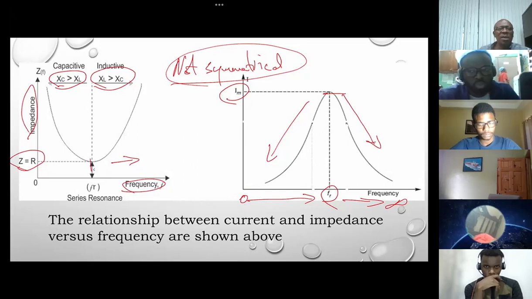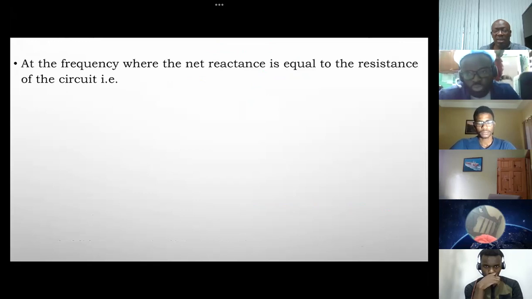So next, I'm going to make a statement, and then I'm going to make some further derivations from that. And the statement we want to make is that there are two values of frequencies, and they occur on either side of FR.